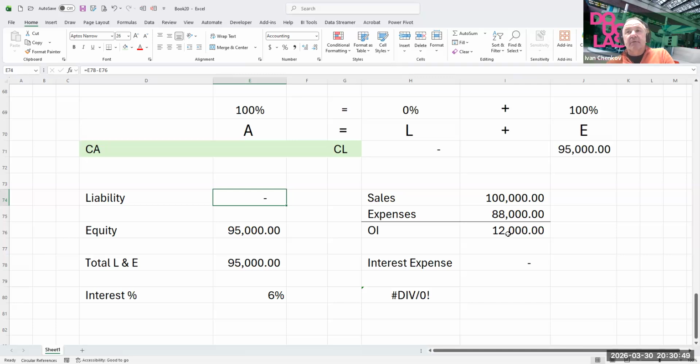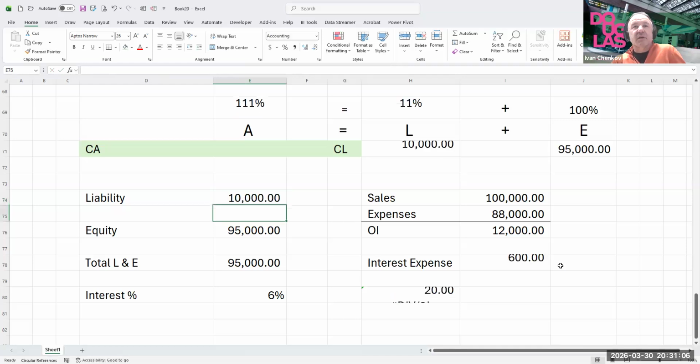If you have to grow, obviously. But how should you grow? So if the bank asks you for 6%, watch this. If the bank asks you for 6% and you borrow $10,000, now you're changing the capital structure of your company. Equity in this case is gonna go down to 85, correct?